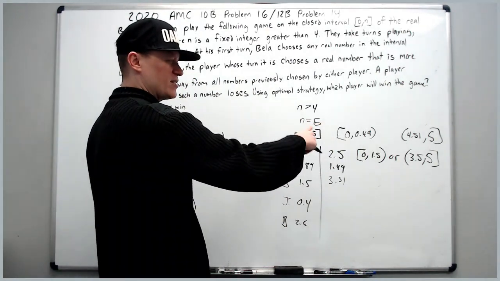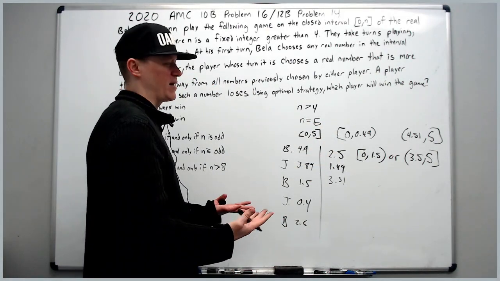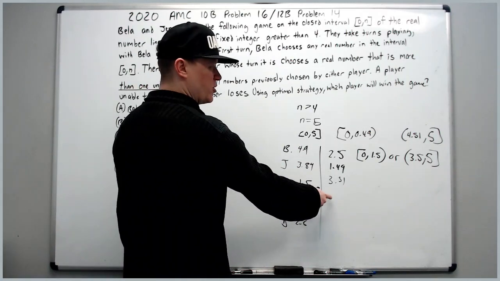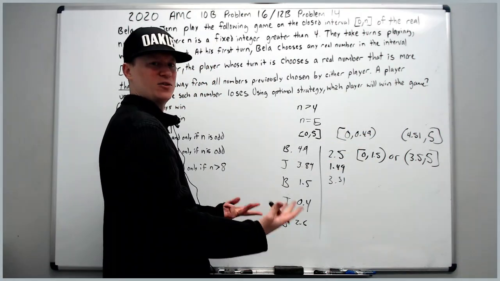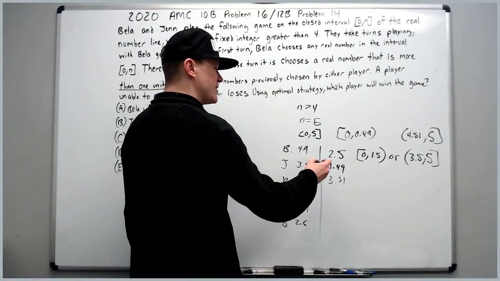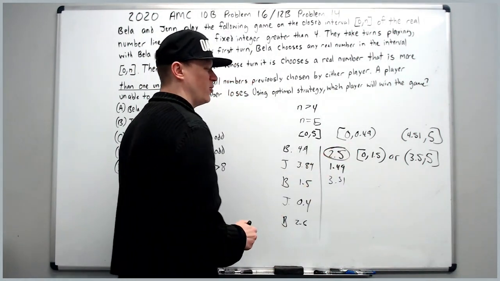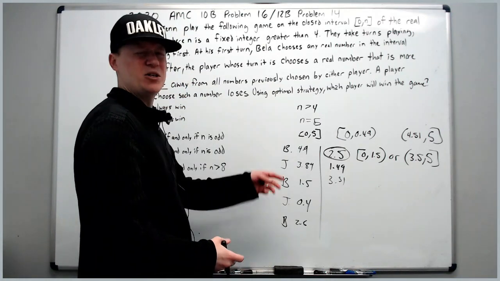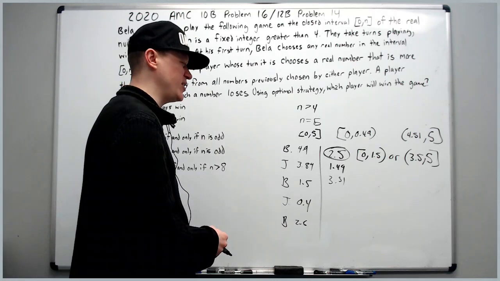So again, there's still 2 intervals, but now it doesn't matter what you choose. Once you choose, it ends the interval. So whatever Jen's going to pick, Bella takes the other interval, and then Jen can't choose, and Bella wins. So what we notice is that when Bella chose the midpoint, she won this game with the 5. Now, she won this one too, but we don't know if it was an optimal strategy.